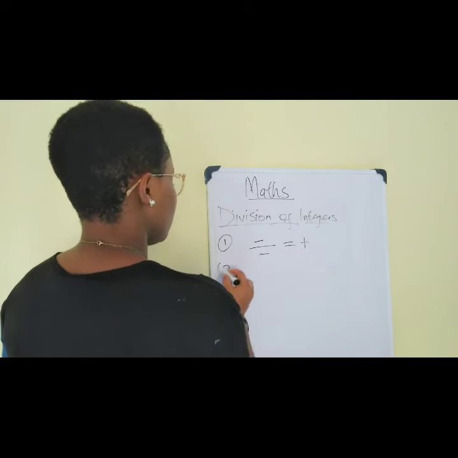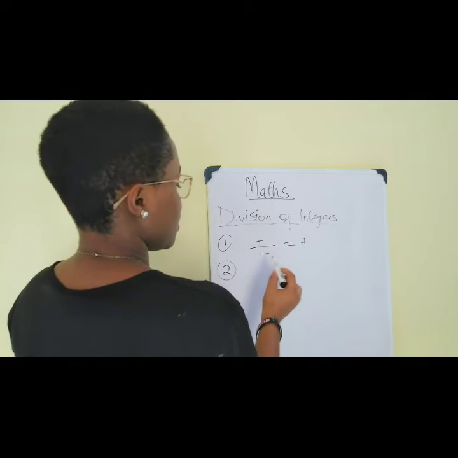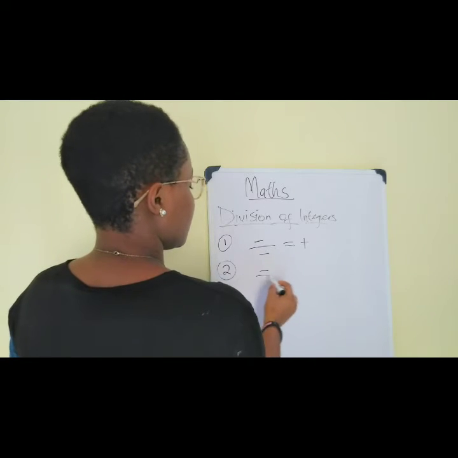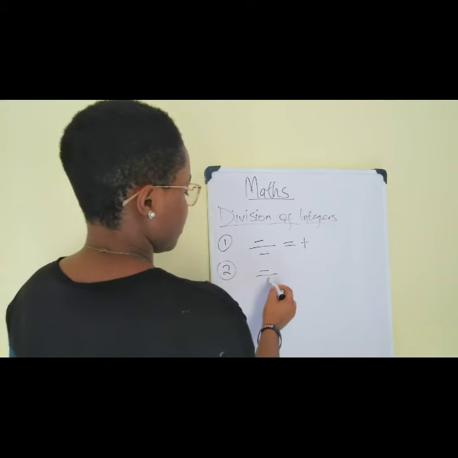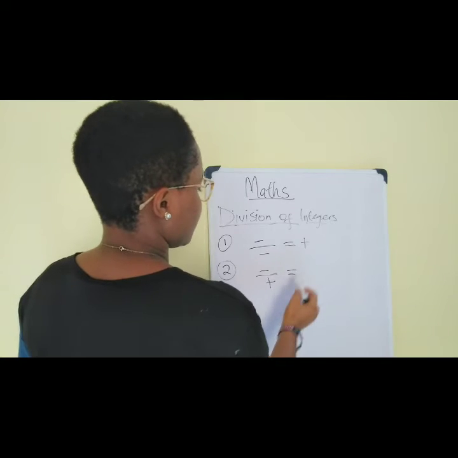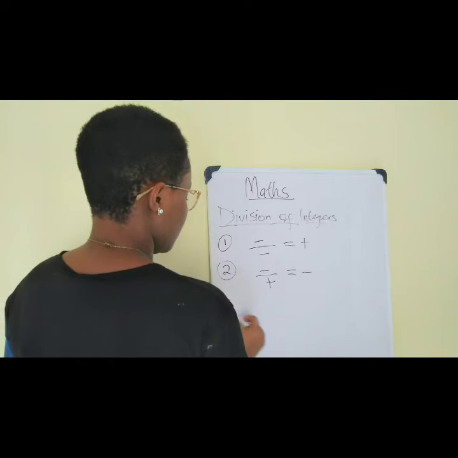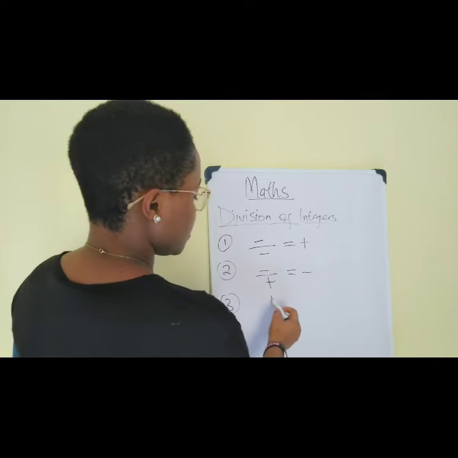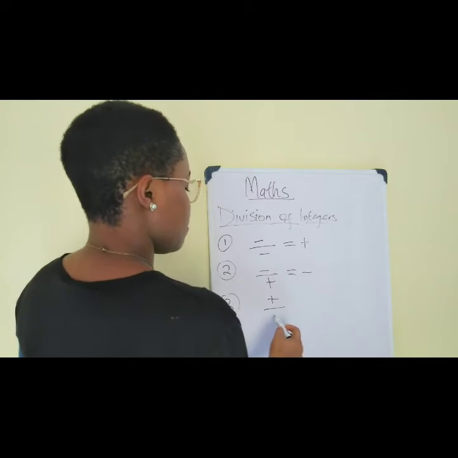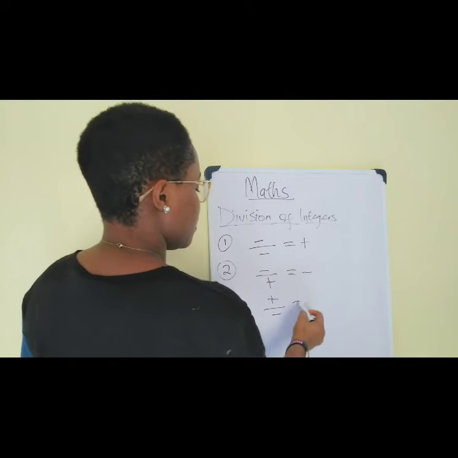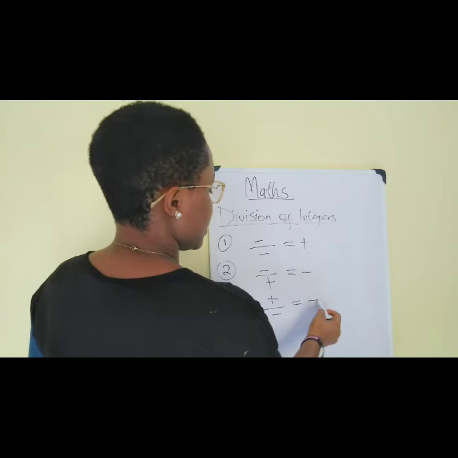The second rule is if a negative integer is divided by a positive integer, the outcome will be a negative outcome. The third one is if a positive integer is divided by a negative integer, the outcome will still be a negative.